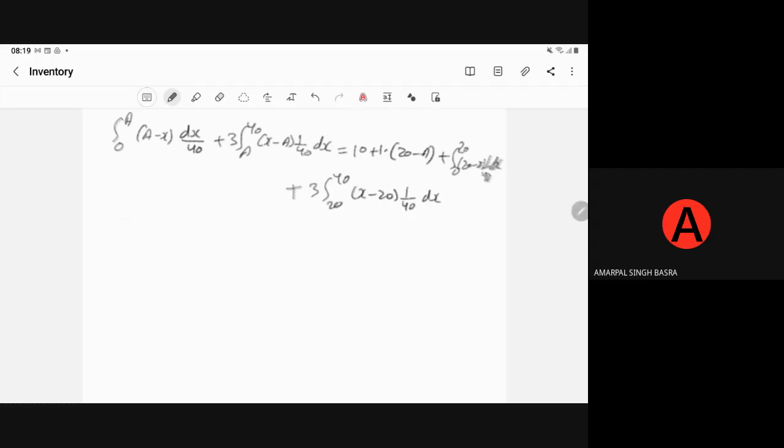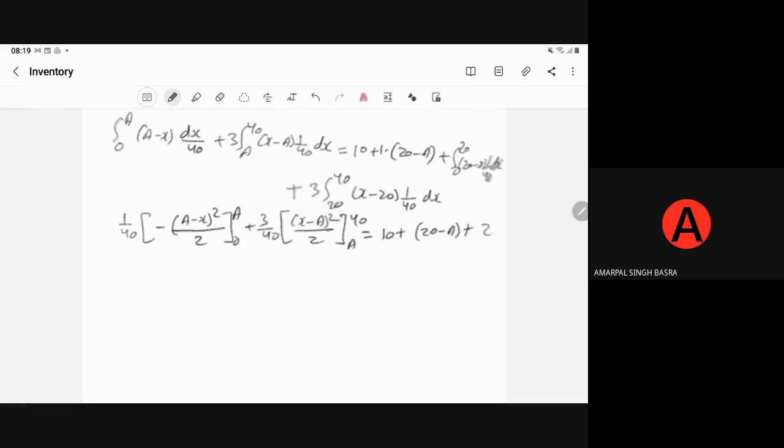Here, if you take the 1/40 outside, inside we have minus (A minus x) whole square upon 2, the integral limit is 0 to A, plus 3/40 and (x minus A) whole square upon 2, and here you put A to 40, is equal to 10 plus (20 minus A) plus 20.